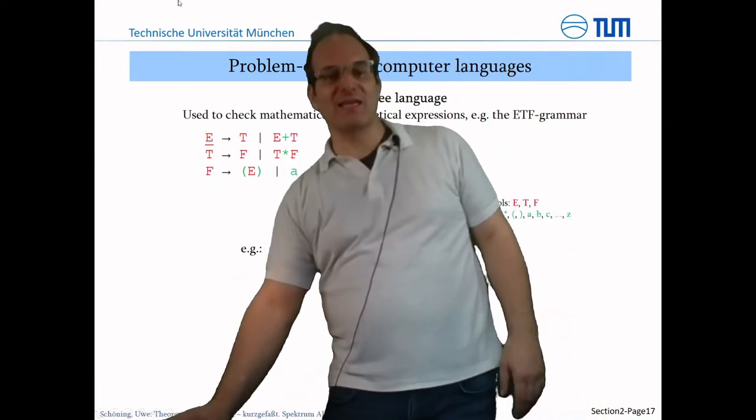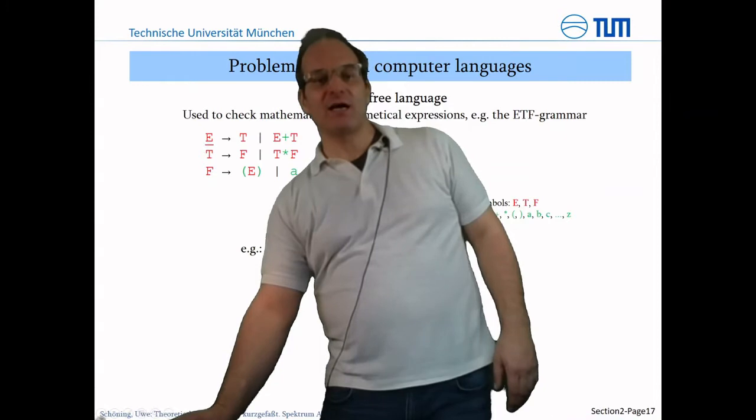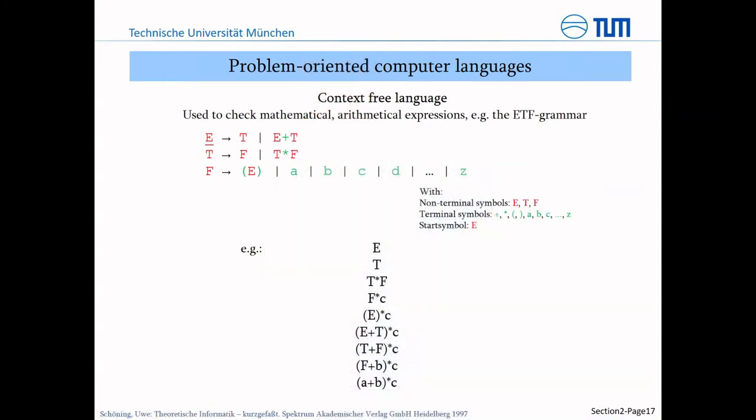And what we can get then is a mechanism to check all possibilities of mathematical expressions which have plus and multiplication signs. So here is one sample. For example, we want to create the mathematical expression parenthesis open a plus b parenthesis close times c.